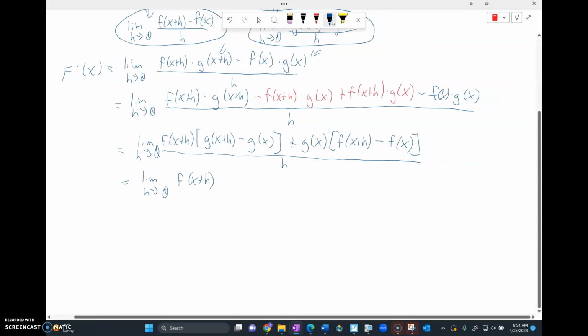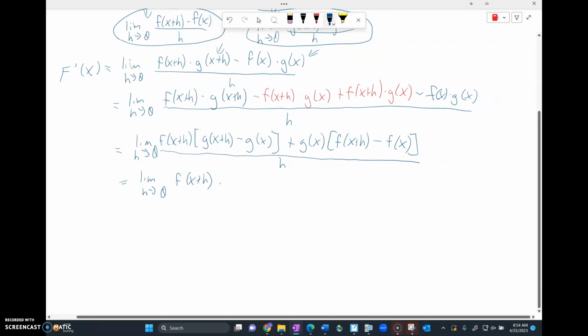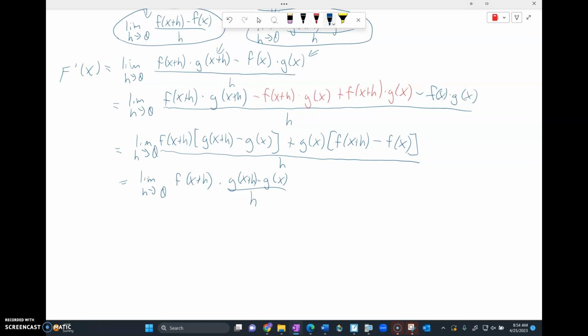I could do times, and then I have g of x plus h minus g of x all over h. So I can set it up like that, right? Do the same thing over here, the limit as h goes to 0, and here I can do it of g of x times f of x plus h minus f of x, and that's over h also.